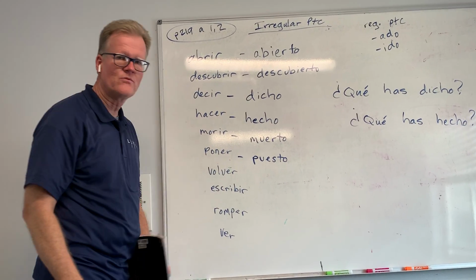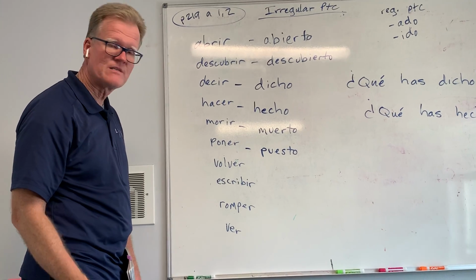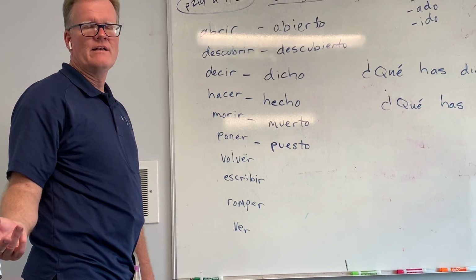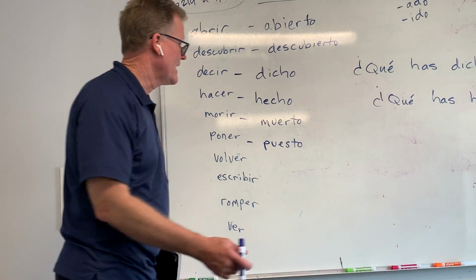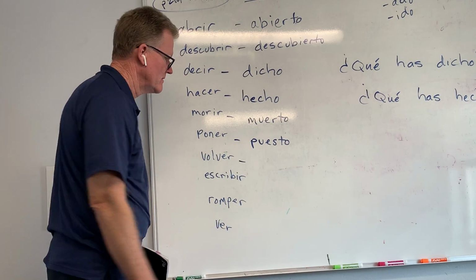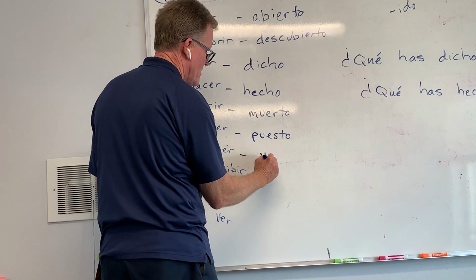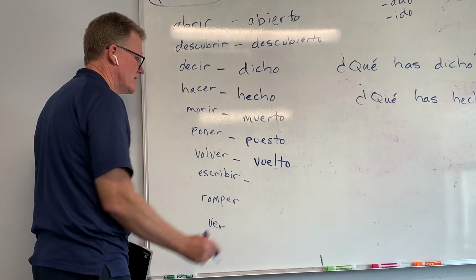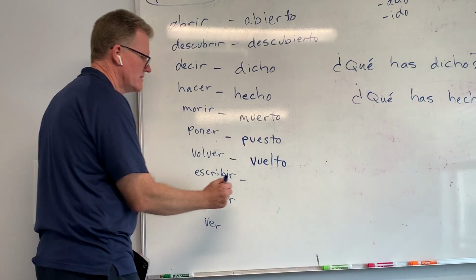Poner, the participle is puesto. Okay? Puesto. Poner means to put. I have put the knives, forks, and spoons on the table. He puesto. Okay? Volver means to return. And the participle is vuelto. Okay? Escribir, to write.